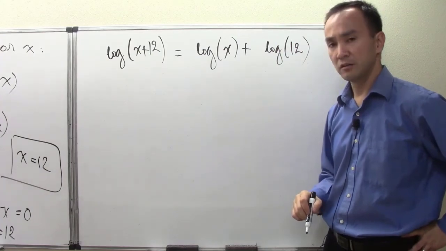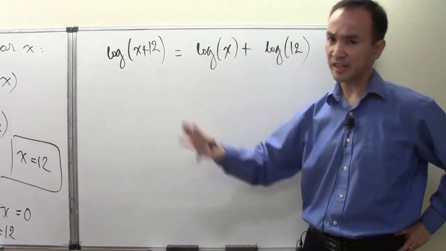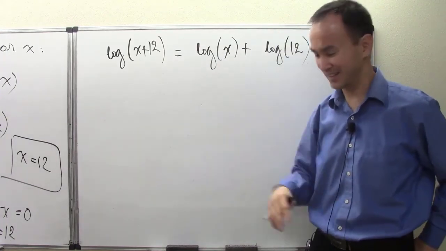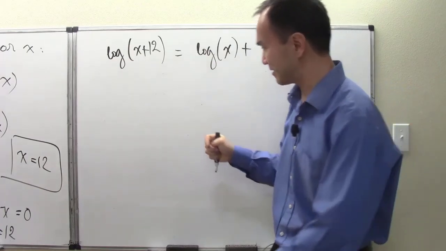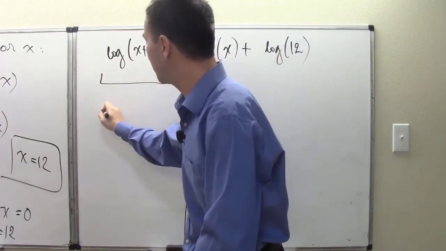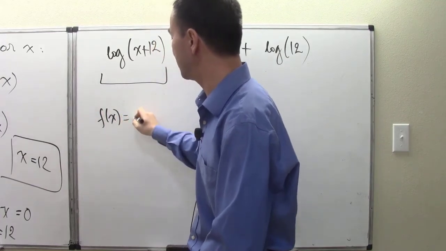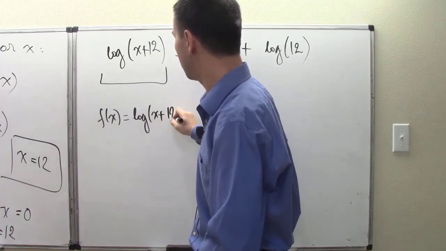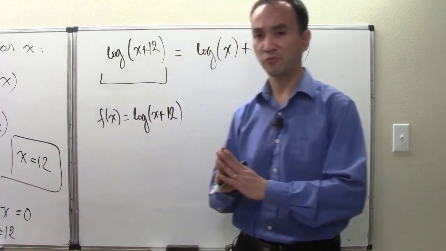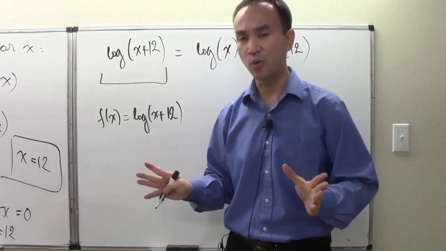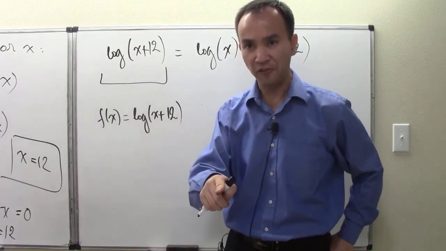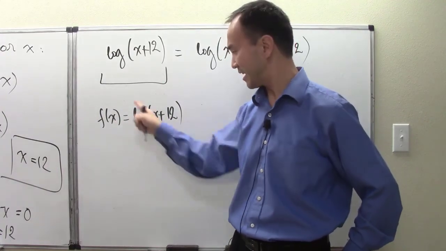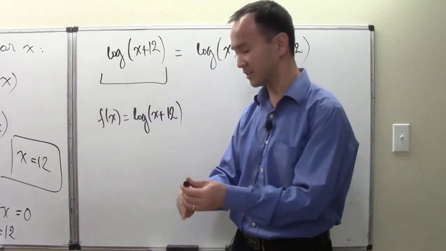The reason we arrive at an equation like this, and call it a logarithmic equation, is simply because the left-hand side can be regarded as a function f of x, where we define f of x as log base 10 of x plus 12. After I raised your awareness that we can use a logarithm as a rule to define a function, that left-hand side is a logarithmic function.